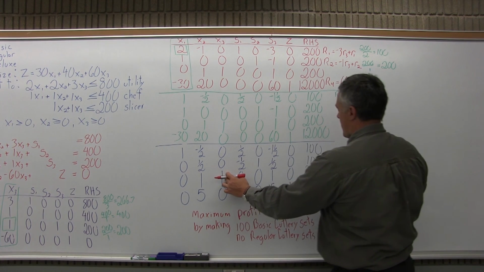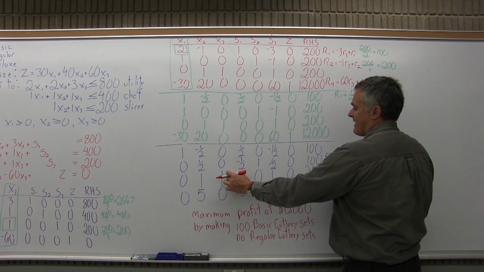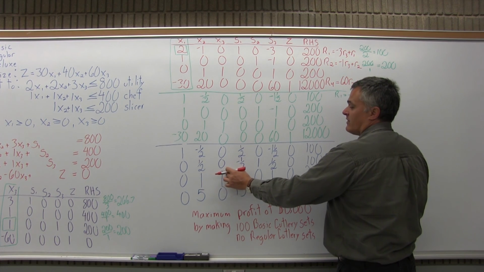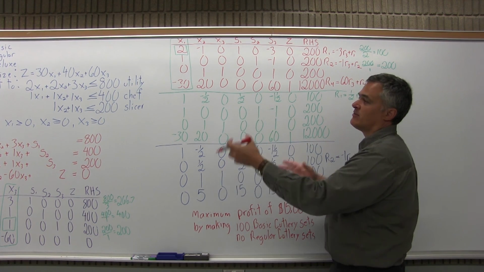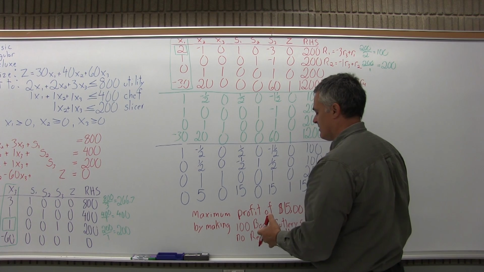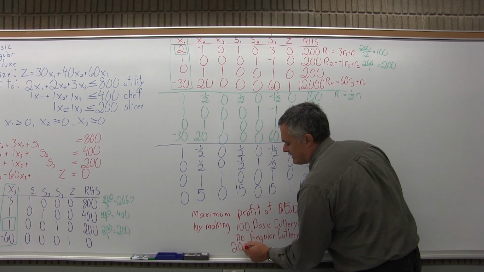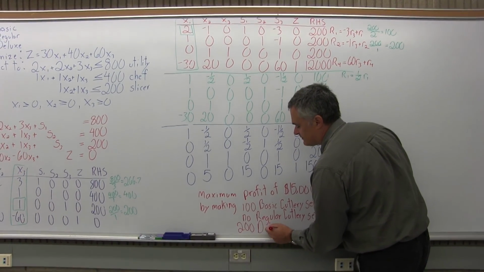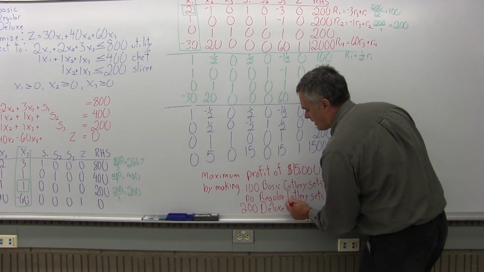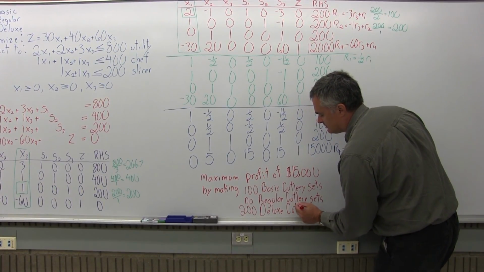So as I go to the far right column, or RHS column, at that height of 1 up from the bottom, I have a value of 200. So the value of X3 is 200, which means the number of deluxe cutlery sets that need to be made is 200. So I'll put 200 deluxe cutlery sets.